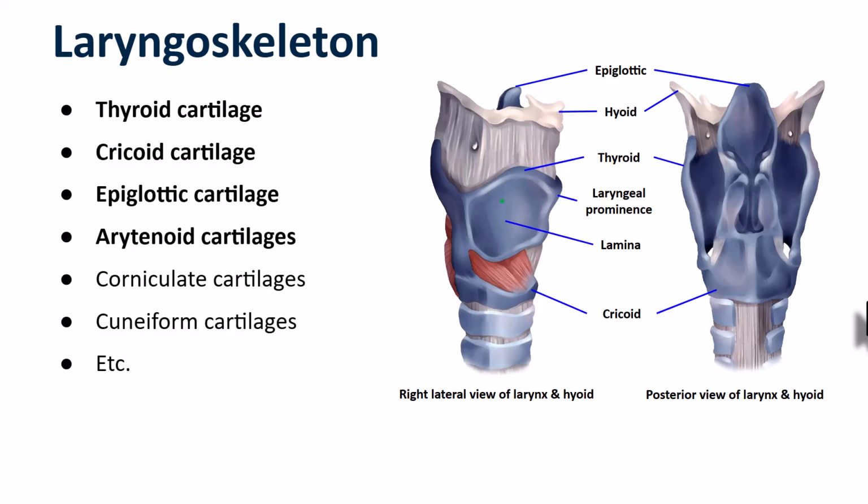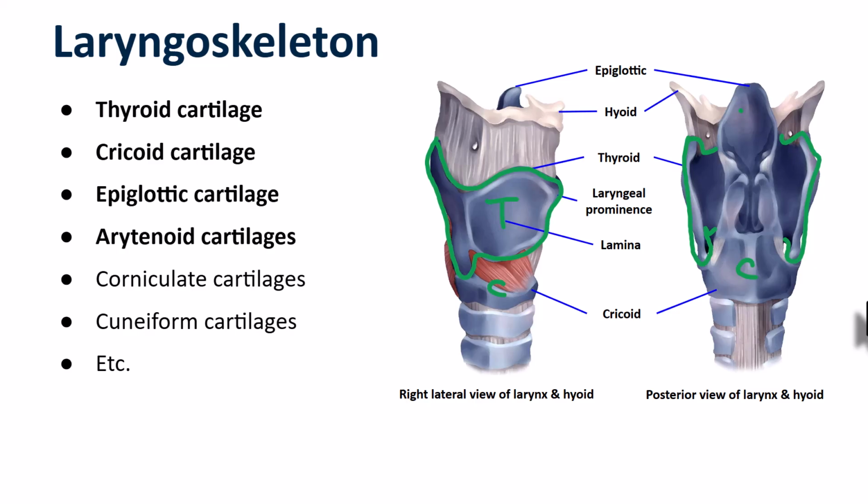So these include the thyroid cartilage, and I can just outline this for you here. We can see this in a lateral profile view. That thyroid cartilage is incomplete posteriorly. So we could see it there, and we could see it there. That sits atop the cricoid cartilage, and those two cartilages comprise the bulk of the larynx.